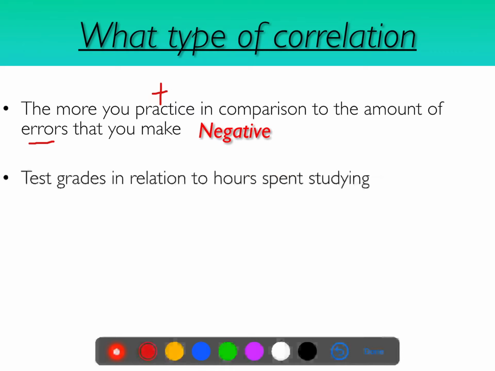Your test grades in relation to the hours you spent studying. Let's assume we spend a lot of hours studying. We would hope our test grades go up. So what kind of correlation do we have when both variables increase? This is a positive.